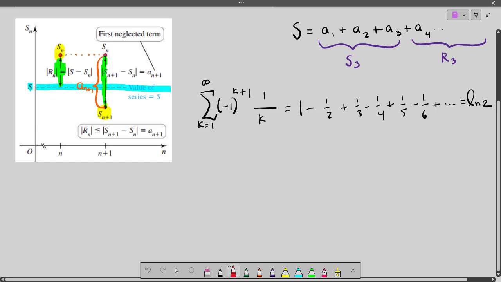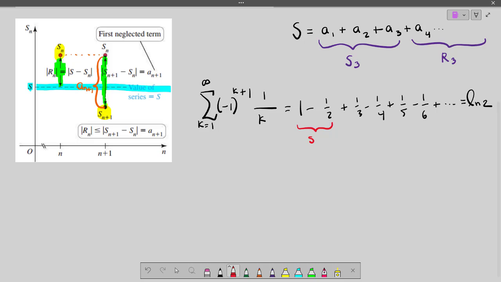So what this is telling us is this. So here is S sub what? If I add those two terms, S sub 2. This is a sub 3. No minus, you just ignore the sign. So that's a sub 3.